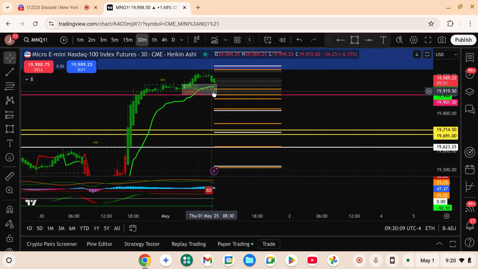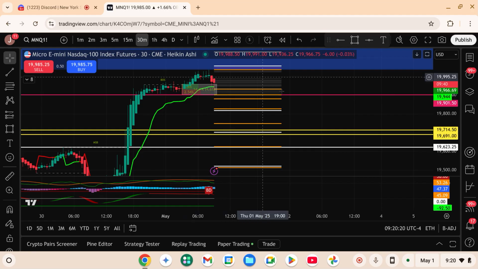Now, if that strong support were to fail to keep the bulls in control, that's when you would look to start taking it short. Because, like I said, strong support. You got a London low plus this half hour order block. So if this fails, it's more than likely taking this out.